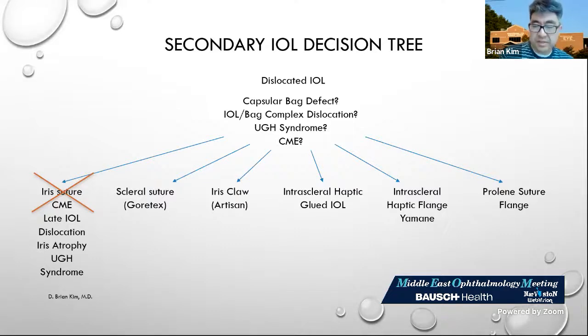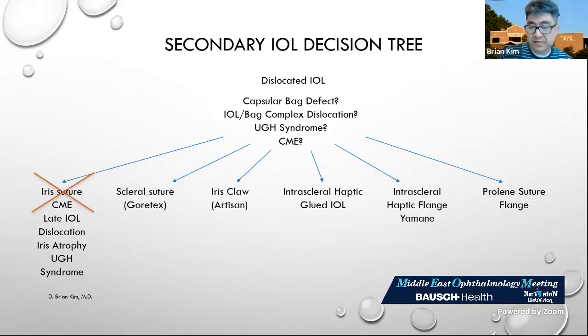And so, as been discussed with the glued IOL, and the Artisan was talked about briefly. And so I think this Gore-Tex suturing is going to be discussed as well. And then more recently, I think Dr. Sergio Canabrava has been talking about using a 5-0 Prolene suture and lassoing it around the haptics, or actually tunneling a needle through the actual edge of the optic and then pulling the suture through it, and then using that as a method to flange into the sclera.